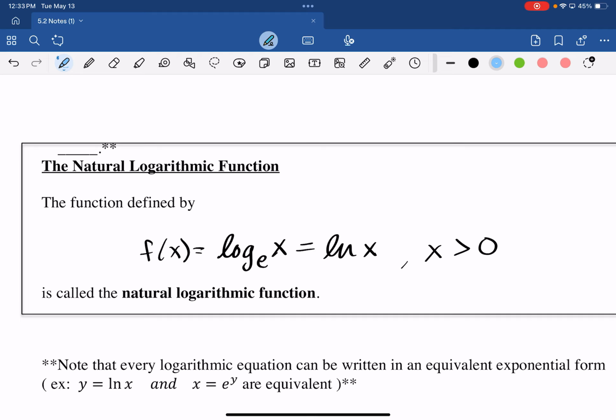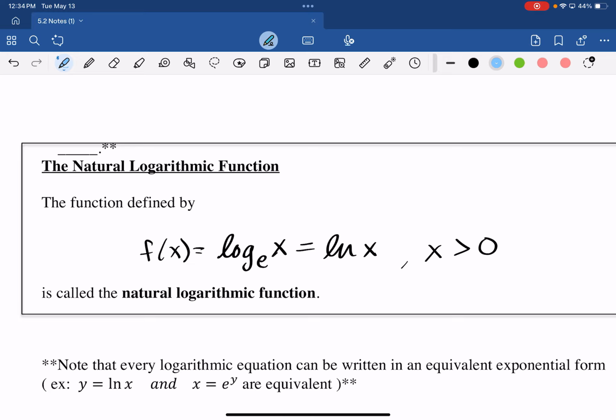Not a slant. Straight up and down. You got it. Vertical asymptote. We had a vertical asymptote at 0. That's why we're able to make that statement.